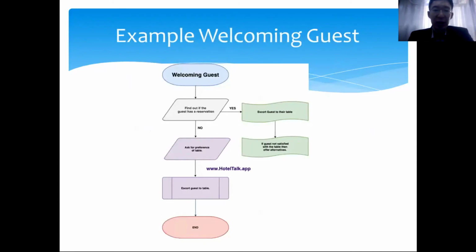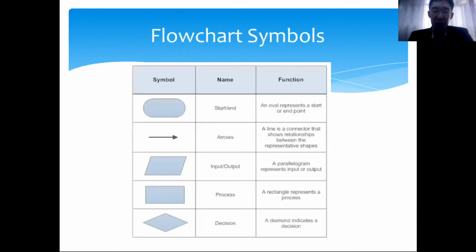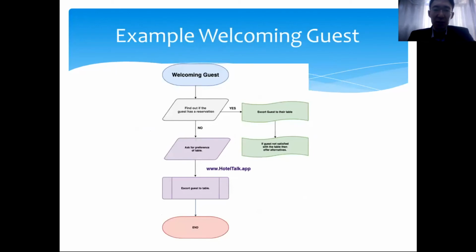Here we have welcoming guest, and as we can see, it is shown in the shape of an oval. Then we have an input: find out if the guest has a reservation or not. Basically here the guest tells us yes or no. This is what we ask.